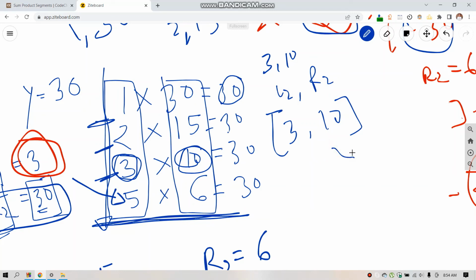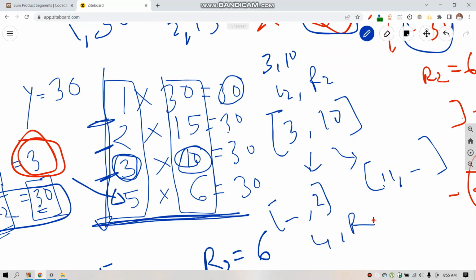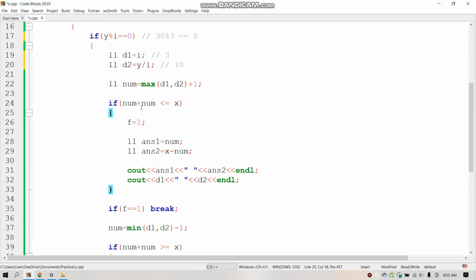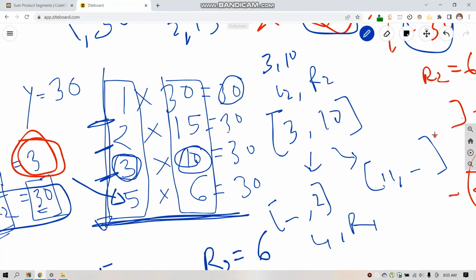One option is 11 comma something, and another option is something comma 2. So we have to check these two options from which we can make L1 and R1. So this is the condition from which I am checking this segment.